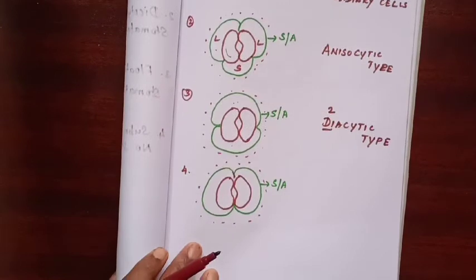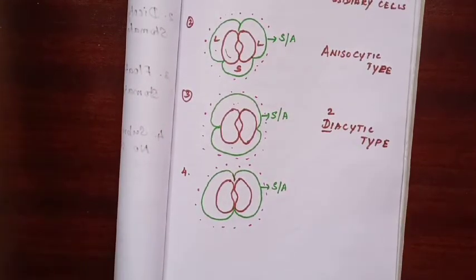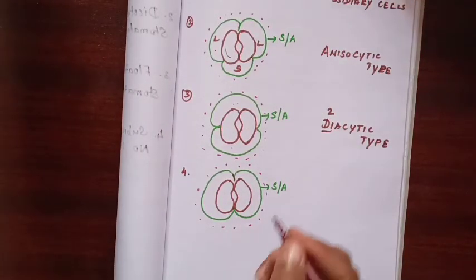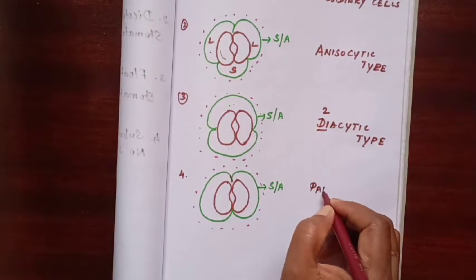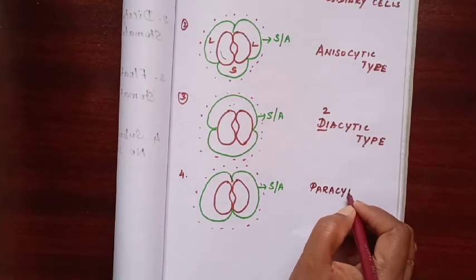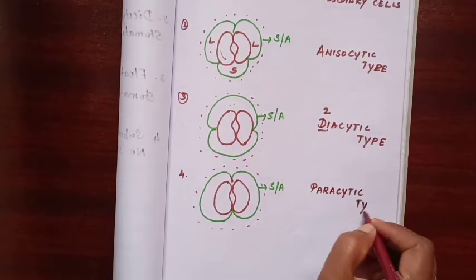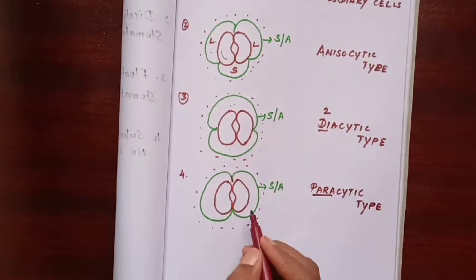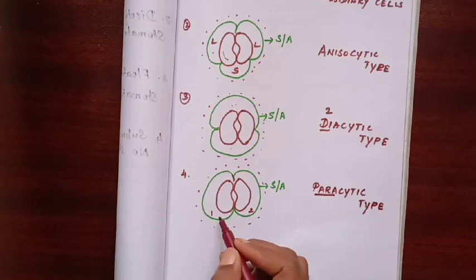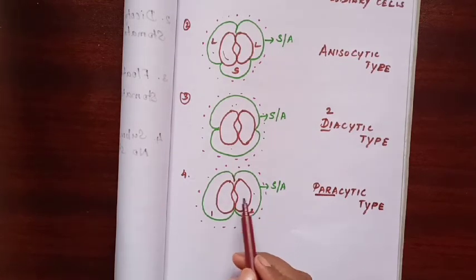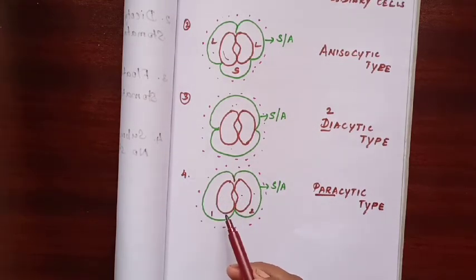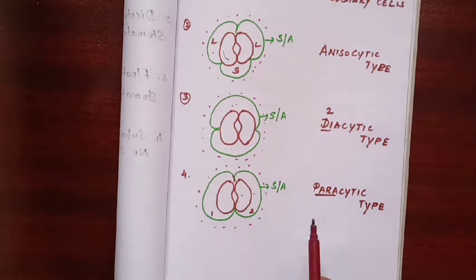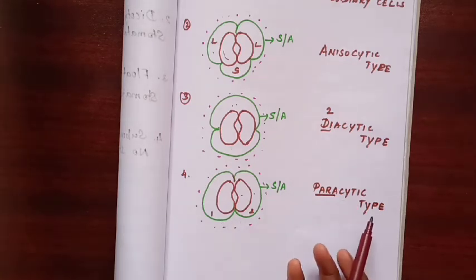The next type of cell is called as parasitic type. So here the word para comes, that is 1, 2. Two accessory cells which are parallel to guard cell. Such type of stomata we call it as parasitic type of stomata.